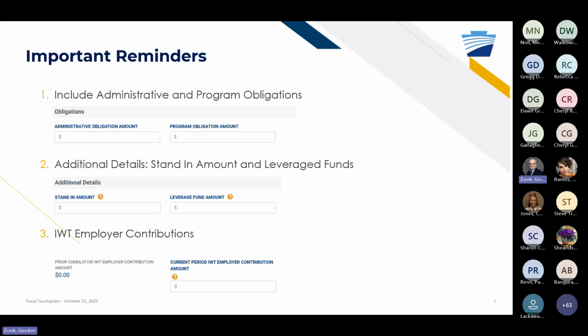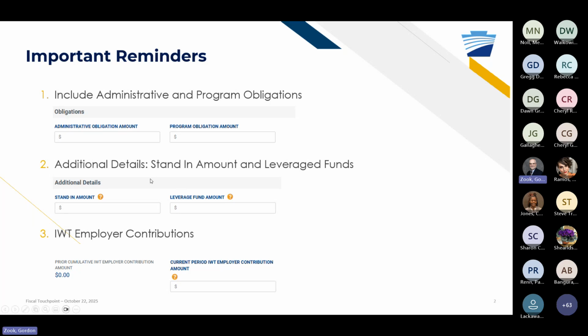So in the next month we will be looking back at the June 2025 FSRs to make sure that 80% of your PY24 local funds have been expended or obligated. So it's very, very critical that you fill out that information, especially on the June FSR. It's good practice to have it on all of your FSRs, but particularly in June.